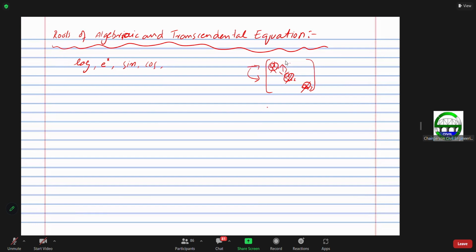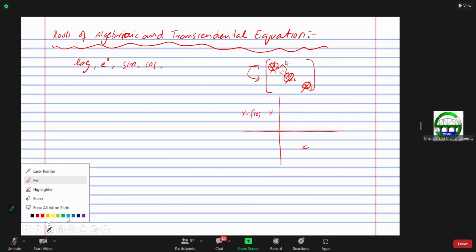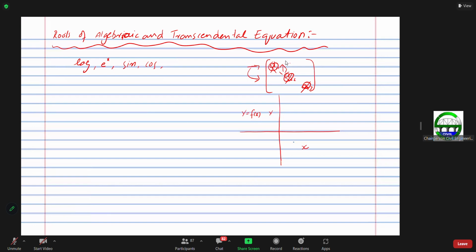For example, let's say we have a function. This is x, this is y. y is equal to f of x. Let's say we have a function that is denoted like this one.